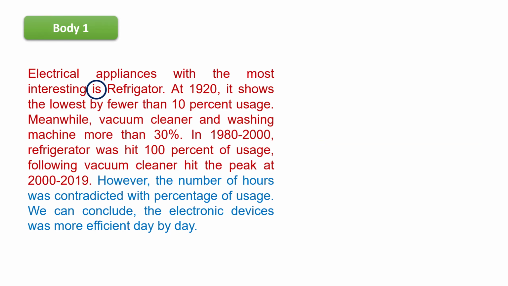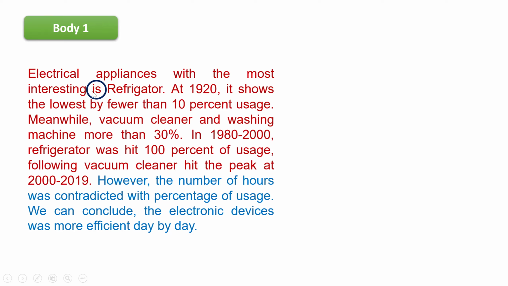Now we talk about the tense. As you know, the topic was about what was happening in 1920. 1920 was in the past, so you should use past tense.